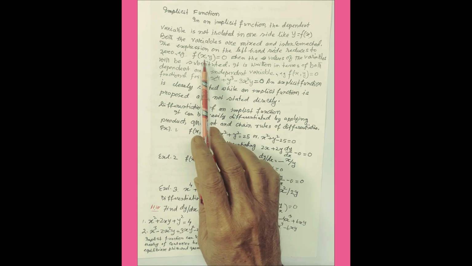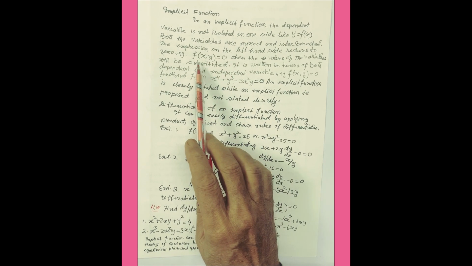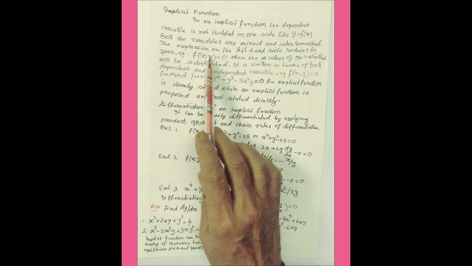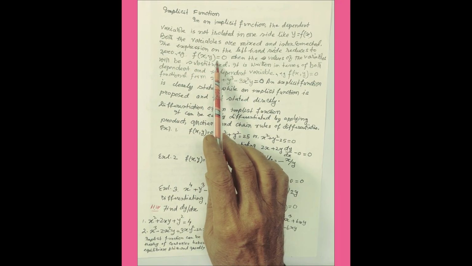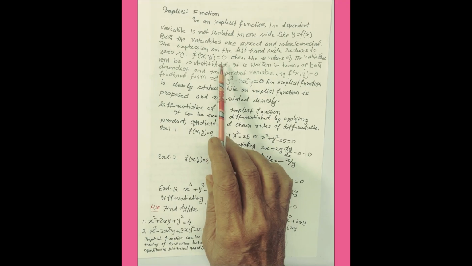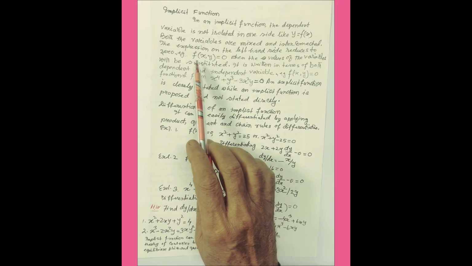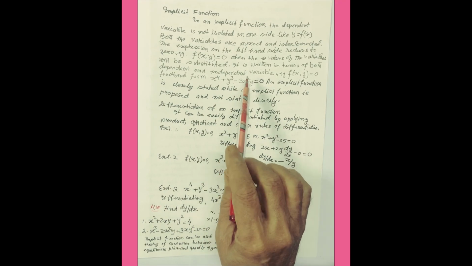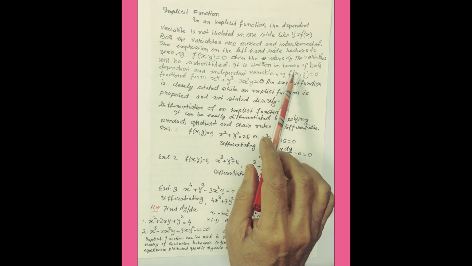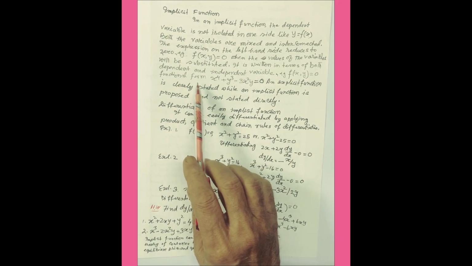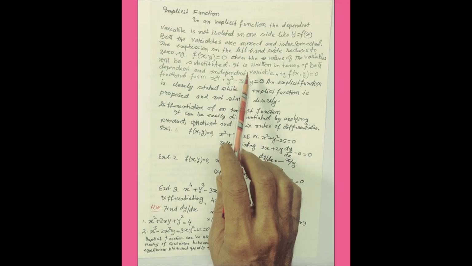So the function will be defined. Here it is a function of x and y. When we put the actual values of x and y after solution, we will find that the function is 0. So it is written in terms of both dependent and independent variables.